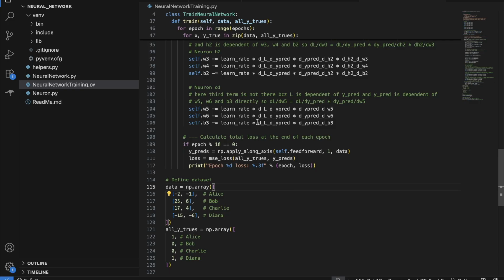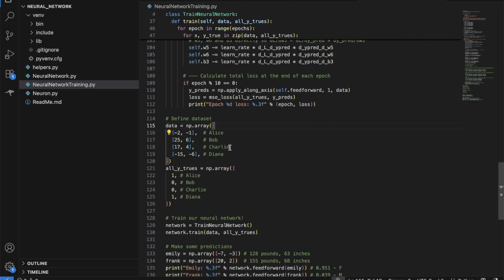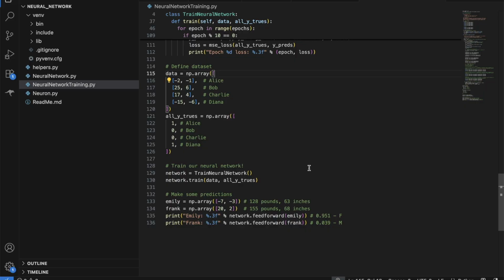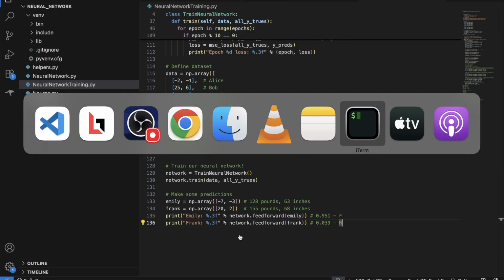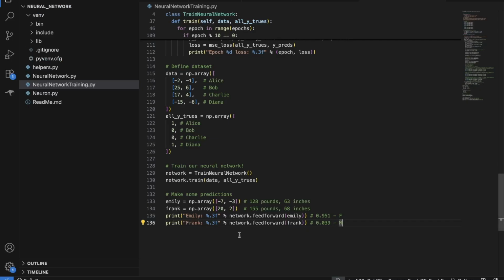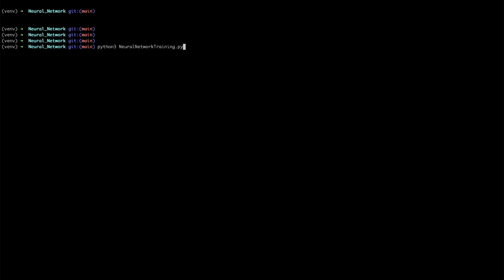So after training it, I'm just printing the result. Let's see how it will look. Let me check if the values are correct, and let me try to run this neural network training. Let's go to the terminal, clean this up, and run neural network training.py.